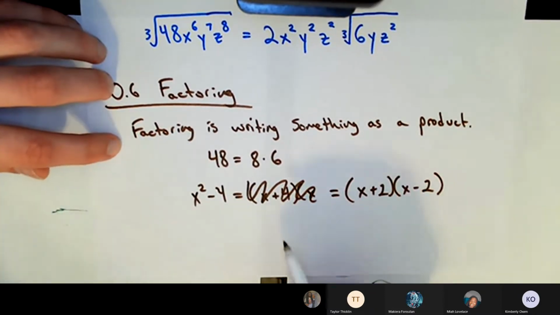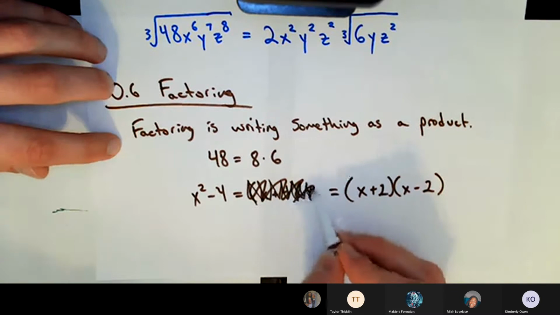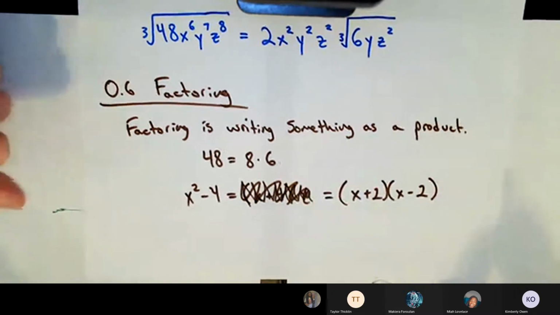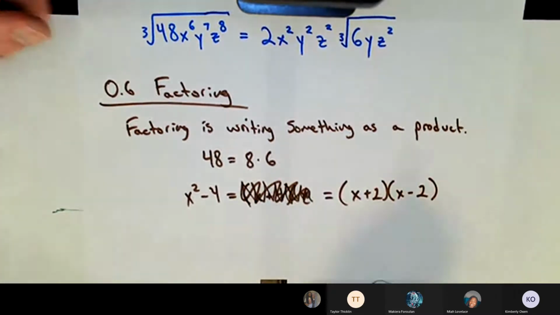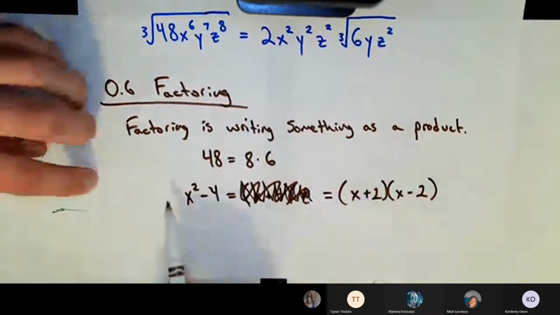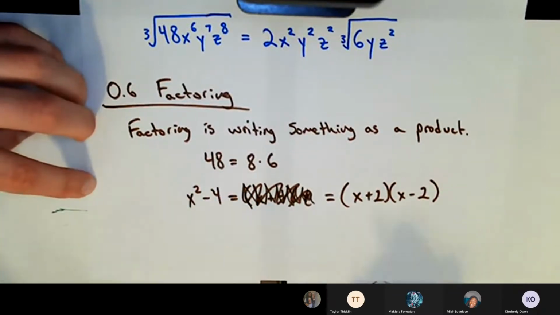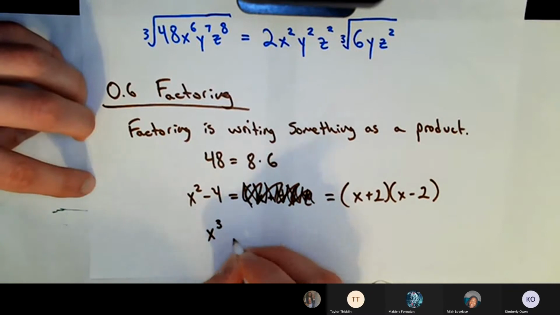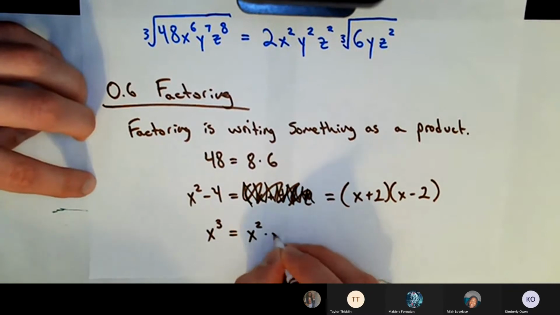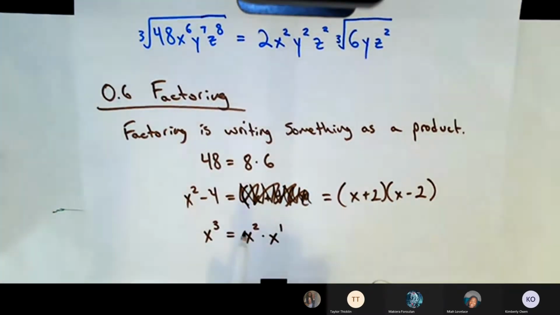If you recall the difference of squares, which we'll talk about in a little bit more detail, that's just a quick example of how factoring does not just apply to numbers, it applies to polynomials, right? Or I could say x cubed is the same as x squared times x to the first. All of these is writing something on the left as a product, this thing times this thing. So that's all factoring is.